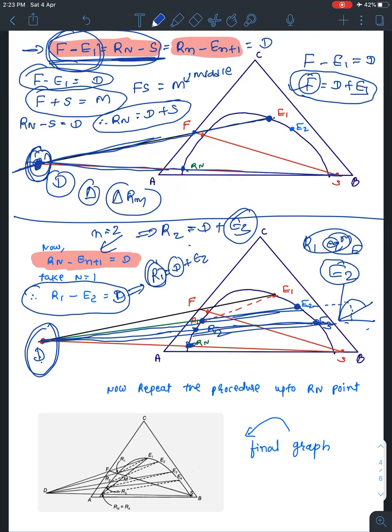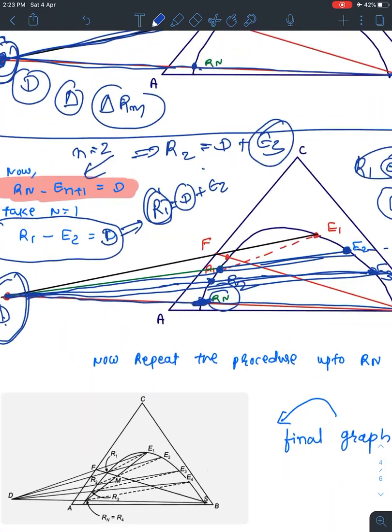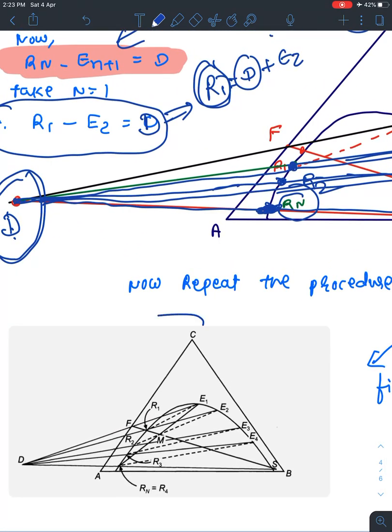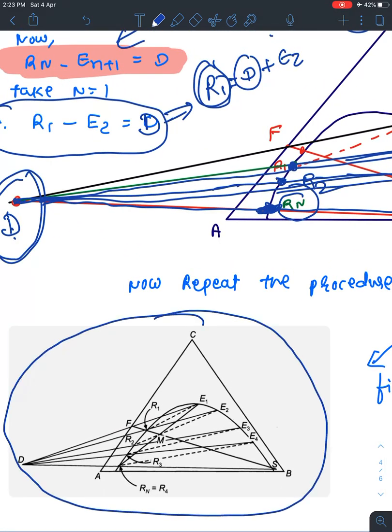So what is this Rn point? That is our final raffinate. We should follow this method up to the point where we achieve this final line. You can see over here, from one of the books, that at the end we get this kind of curve.